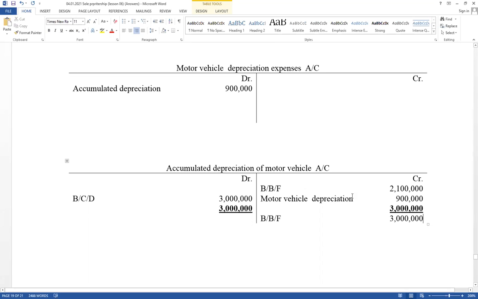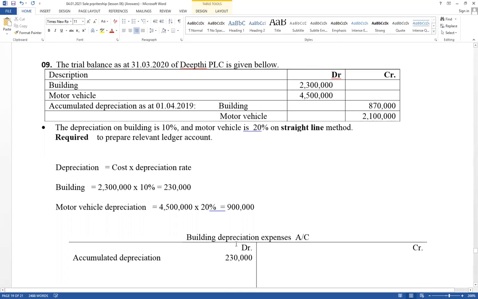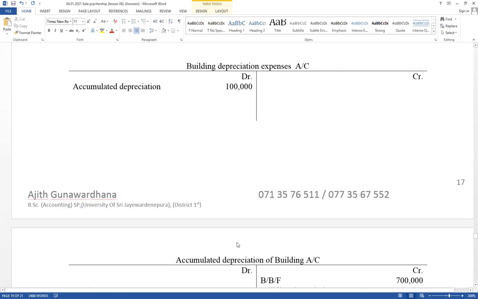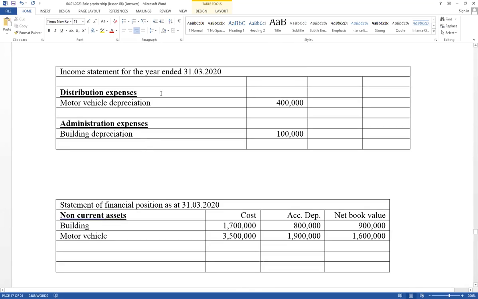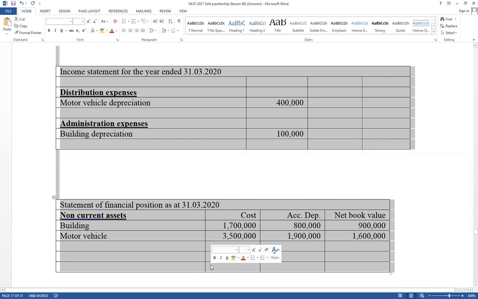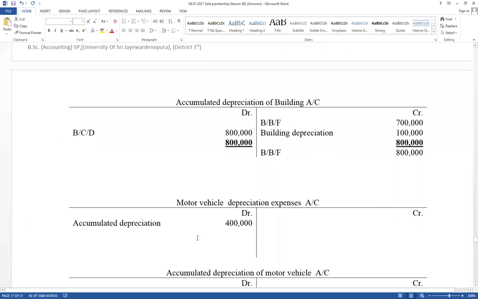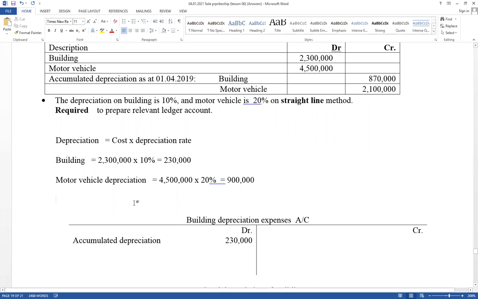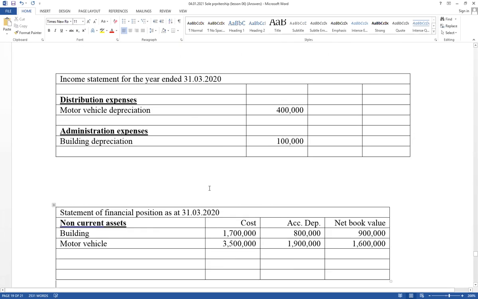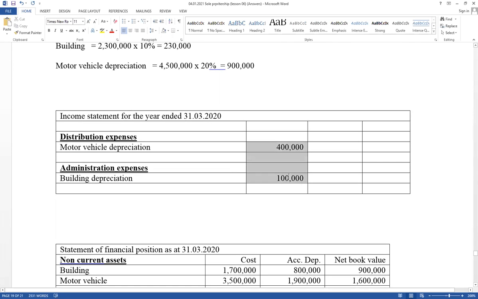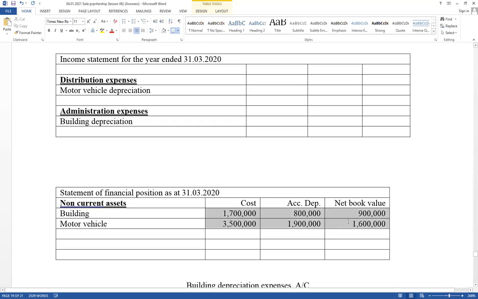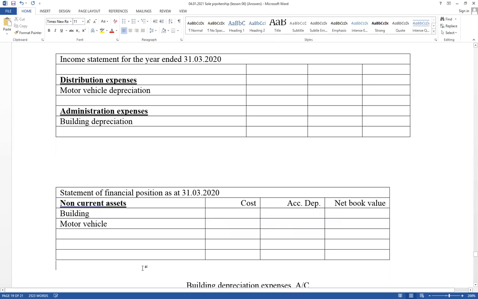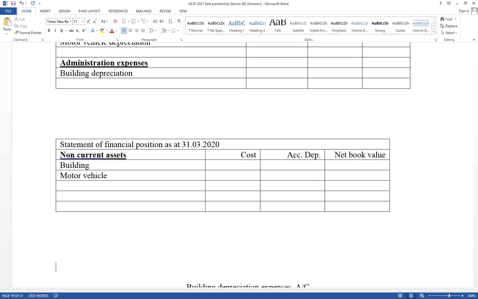Then think about how to disclose in the income statement as well as the financial position. In the income statement, there are administration expense as well as distribution expense. Under distribution expense goes motor vehicle depreciation, and under administration expense, building depreciation should be included.